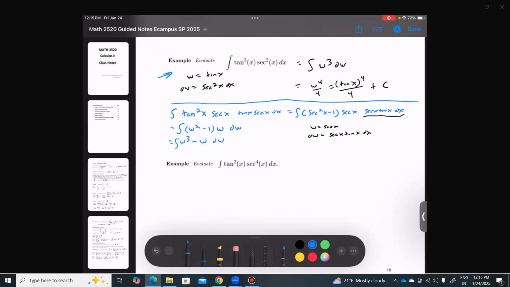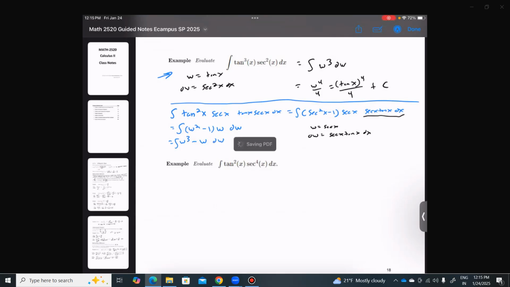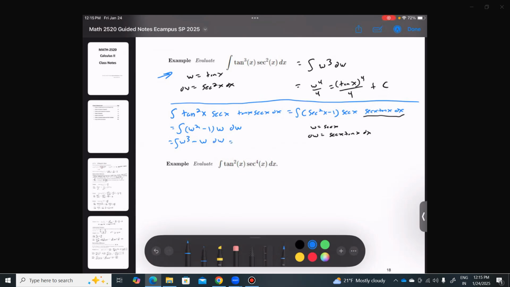Okay, so we take the integral: w to the fourth over 4 minus w squared over 2. And then switching it back, we have secant to the fourth x over 4 minus secant squared x over 2 plus c.